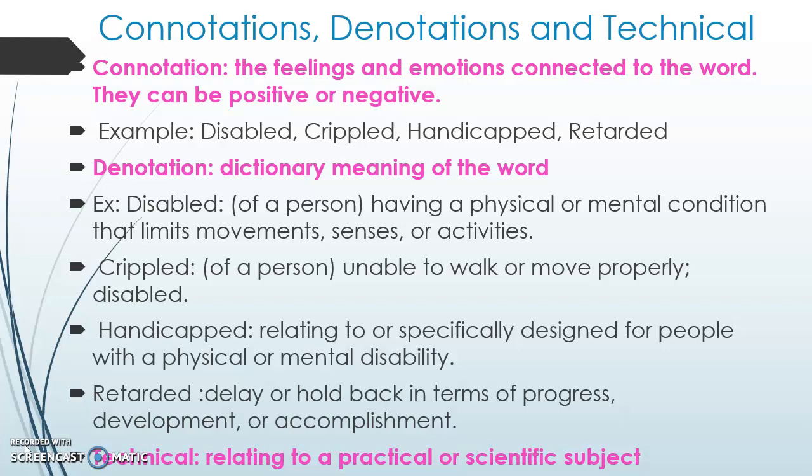We go back to disability, we know that has to do with limitations, right? Retarded, delay or hold back in terms of progress, development, accomplishment. What does that have to do with? That has to do with limitations. So all four of these words have to do with limitations, right?